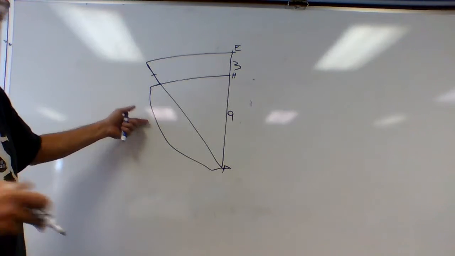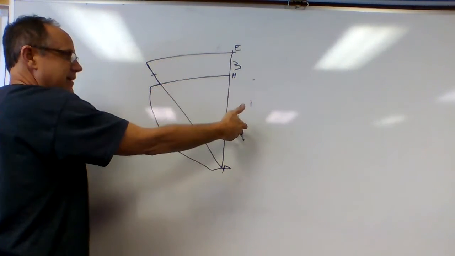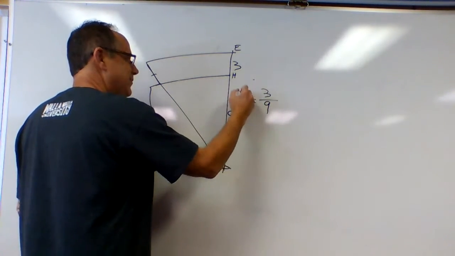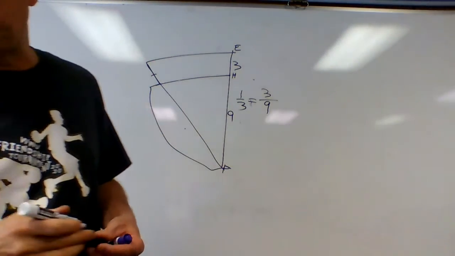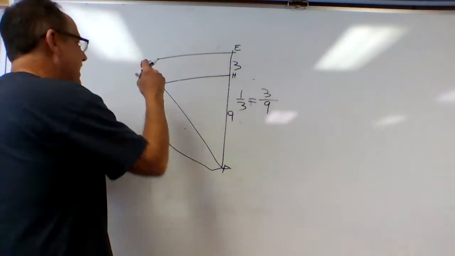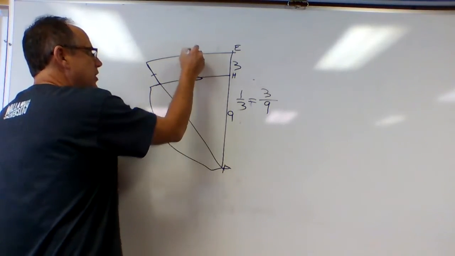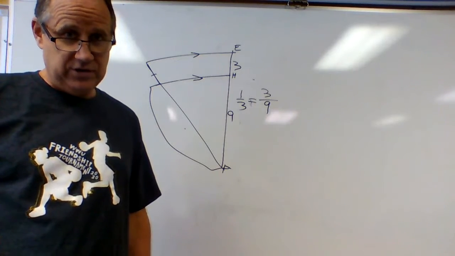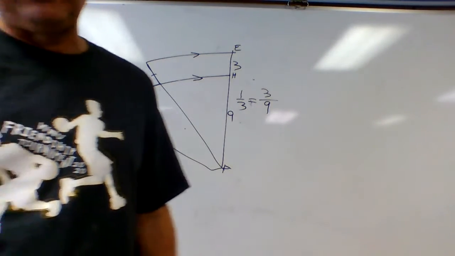Well, if 3 is 1/3 of 9, that needs to be 1/3 of this. So we see that that would be proportional. Therefore, if that's proportional to this, then we know those two sides of the triangles would be parallel.